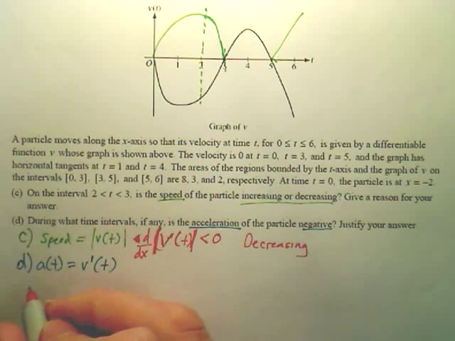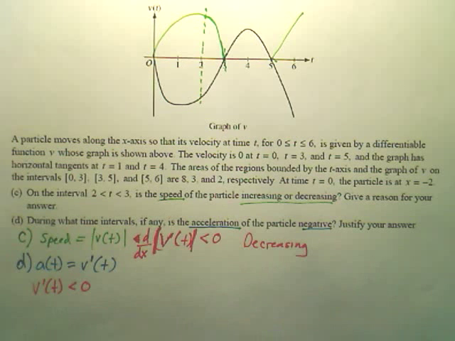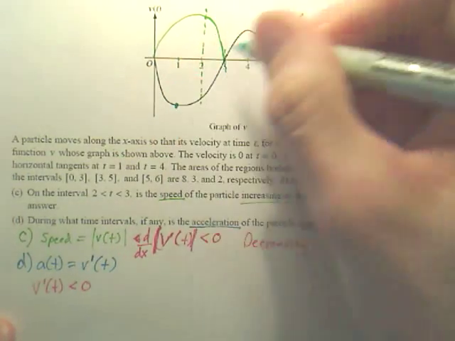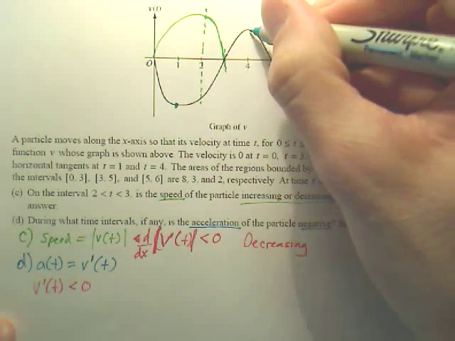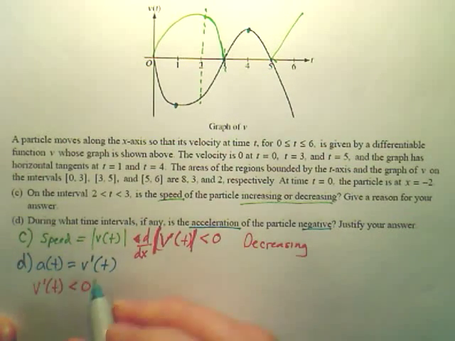So if I want to know where this is negative, I basically am trying to find out where v prime of t is less than 0. What intervals is v prime of t less than 0? Well, if we look at my graph, you have a dot there and a dot there. So where is v prime of t less than 0?